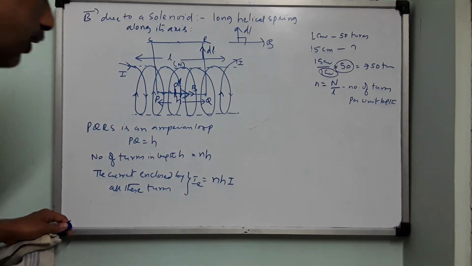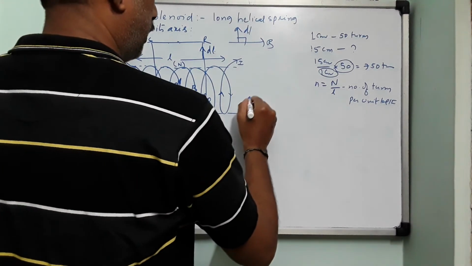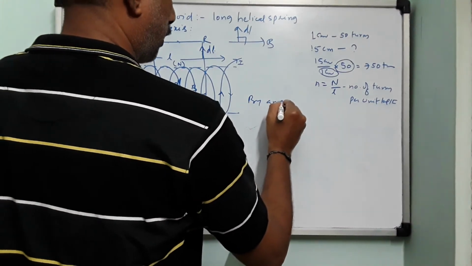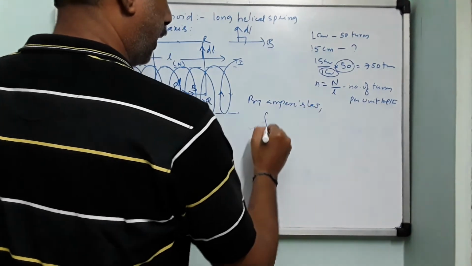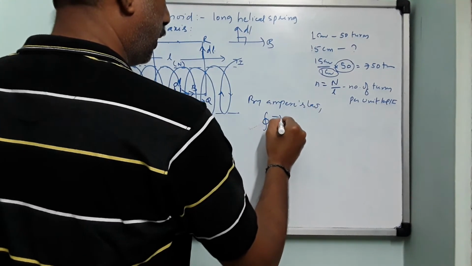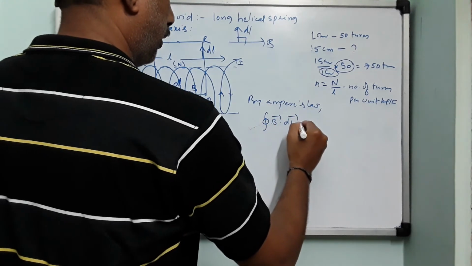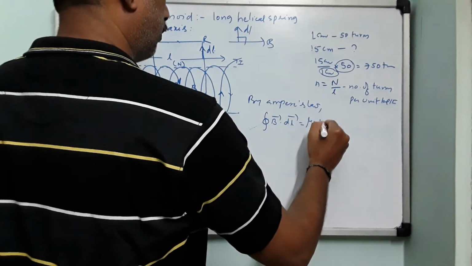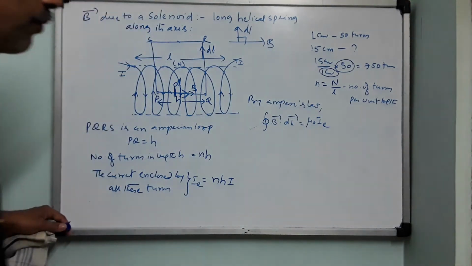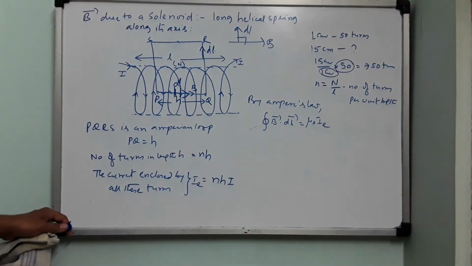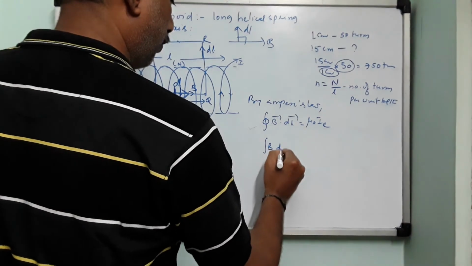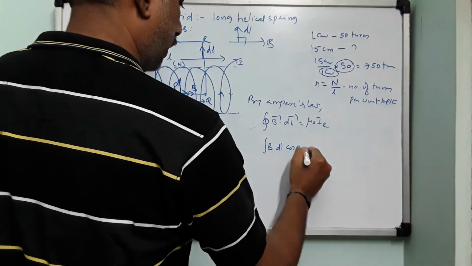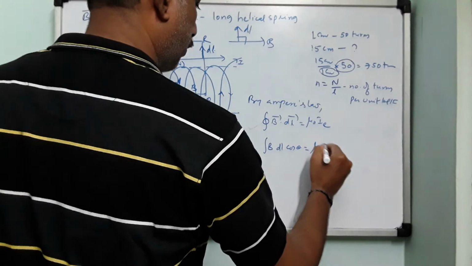Now, by Ampere's law, the line integral of B dot dl equals mu naught into Ie. So this will be the line integral of B dl cos theta equals mu naught Ie.